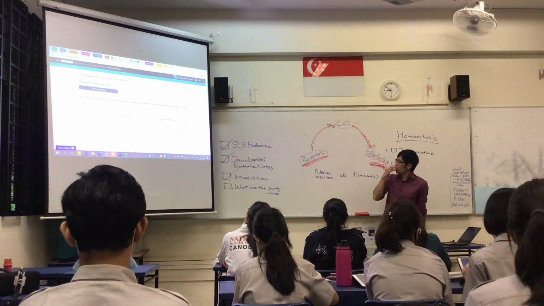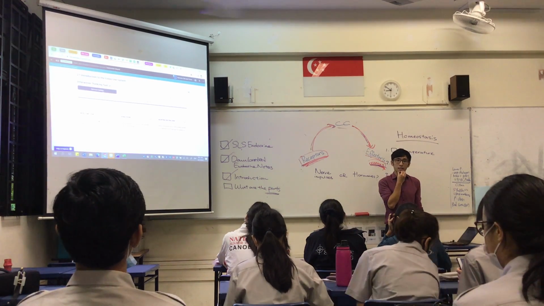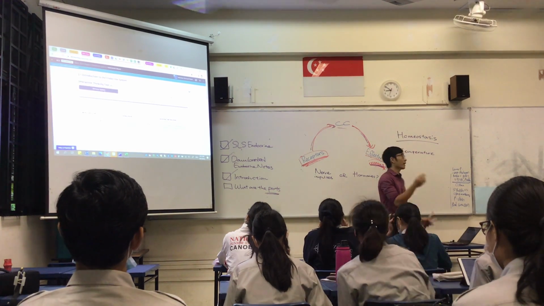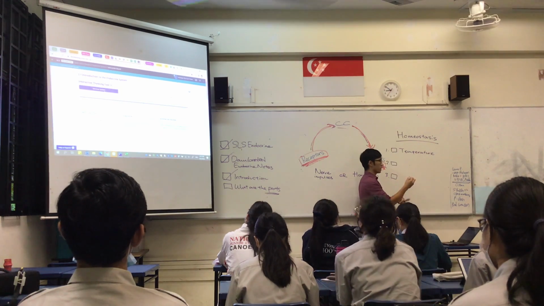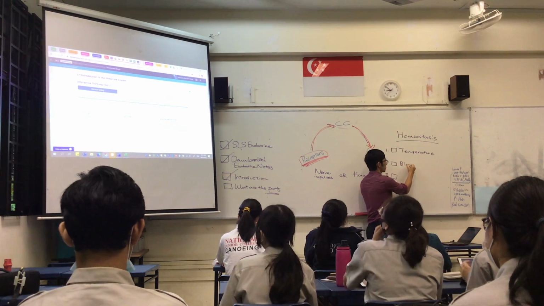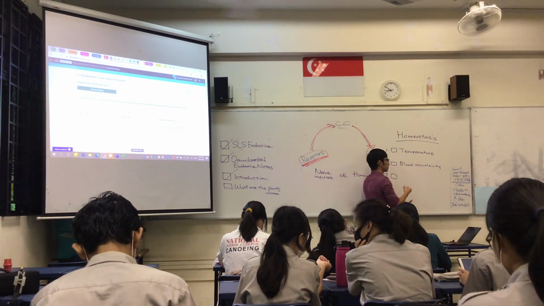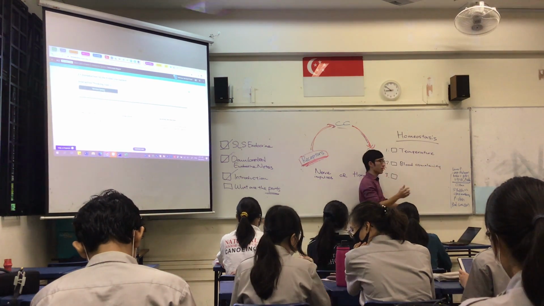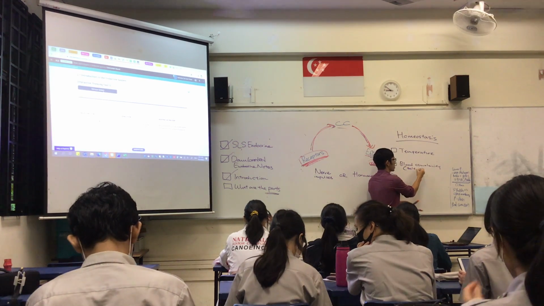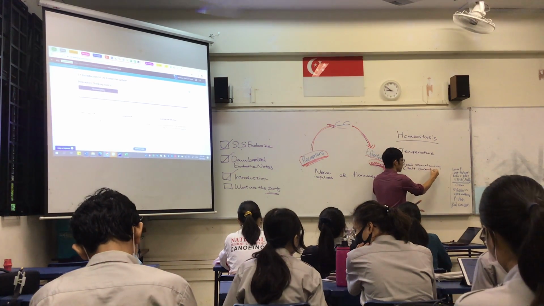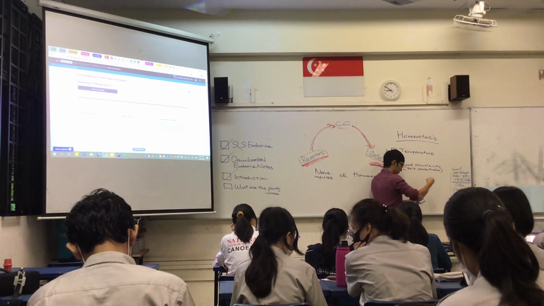So, are we using the nervous system or the endocrine system to regulate blood osmolarity? That is what you were seeing, blood osmolarity. In layman's terms, actually, we are looking at salt concentration. So, what are we using?